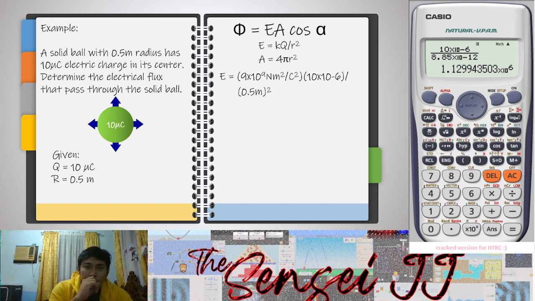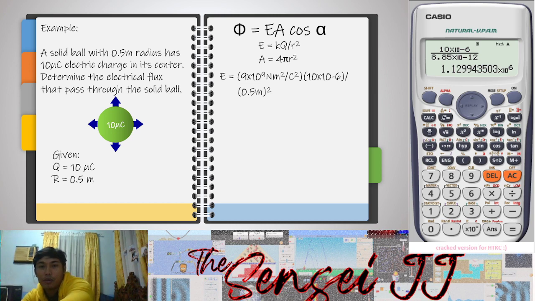So we have here our area. Since this is a solid ball, which is in 3D, the surface area of our ball is 4 pi r squared. Okay?